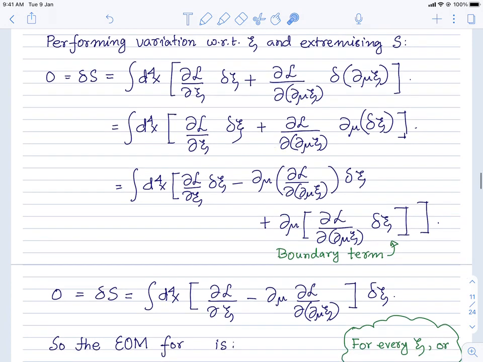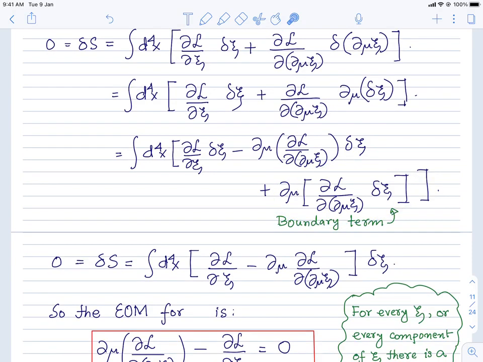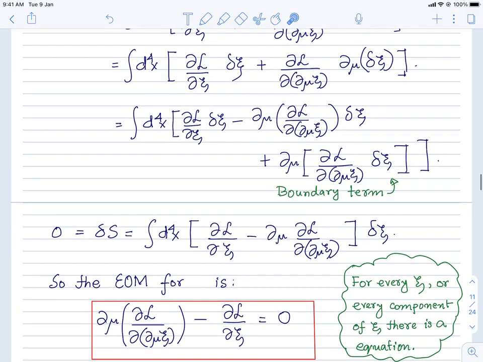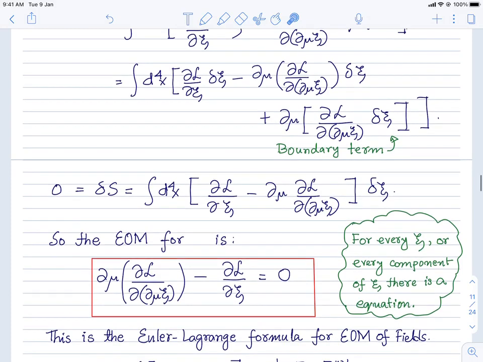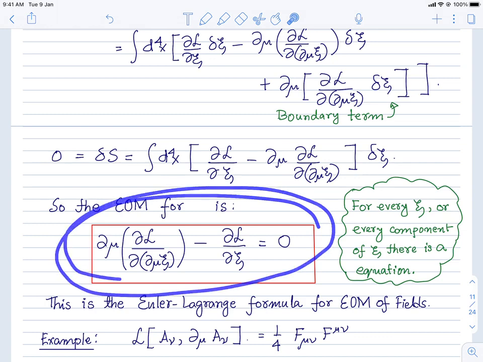Now this is a total derivative again. This gives a boundary term, and if the variations vanish at the boundary, you can set it to 0. It's the usual story. Now you can group this bracketed term and multiply it by this variation. This is the thing that must be set to 0 if the action has to be extremized, and this therefore is the Euler-Lagrange equation.